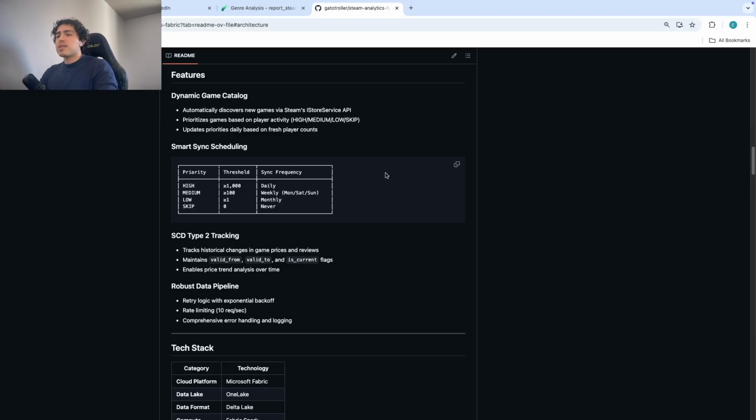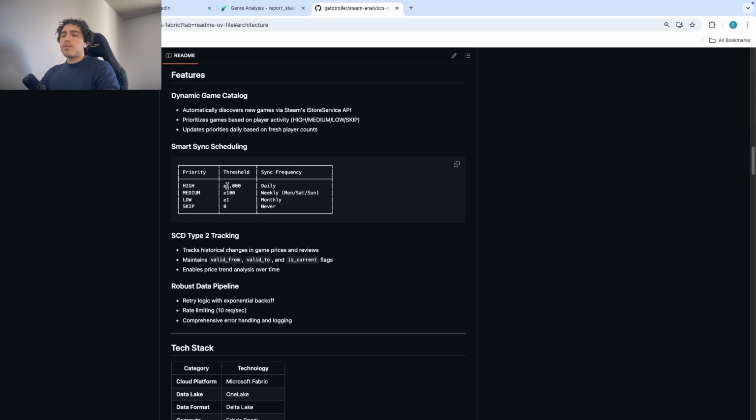If the game has more than 1,000 players, it extracts information daily. If it is more than 100, it extracts it weekly. Well, 3 days a week: the Monday, the Saturday, and the Sunday. And if it is low, this means that it has more than one player, it is monthly. If it doesn't have any player, it skips that game.